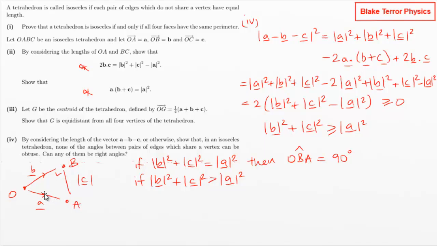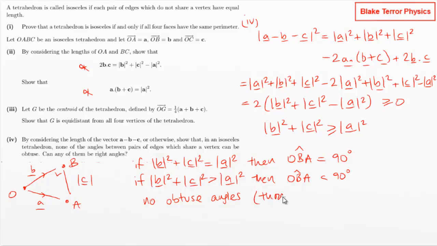If we started at that 90 degrees, we had a right-angled triangle. We're now saying that those other two sides are bigger when they're squared and added. So that means we're getting that OBA is less than 90 degrees. So we can't have any obtuse angles, again, through symmetry.